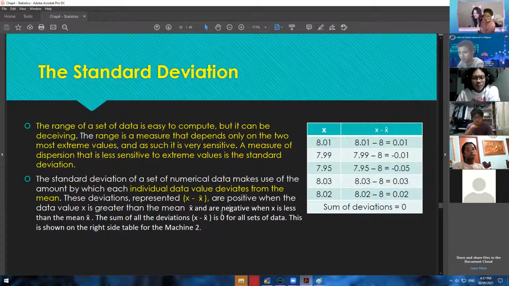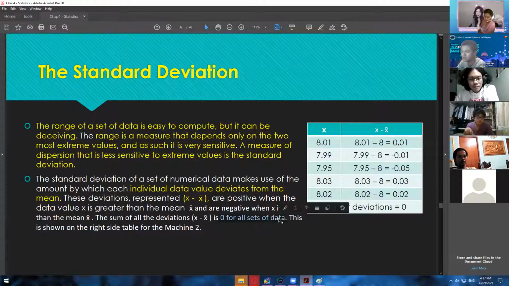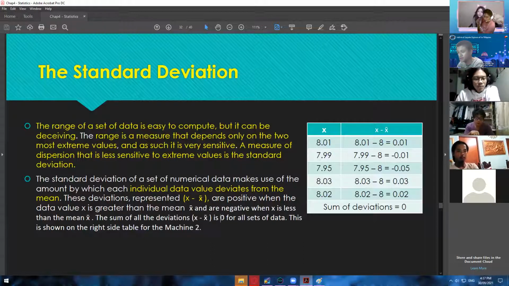In here, the sum of all the deviations x minus x bar is 0 for all sets of data. So if it's not 0, then one of your computations is probably incorrect. This is the first step for you to check if you made the correct computation or not. This is shown on the right side table for machine 2.